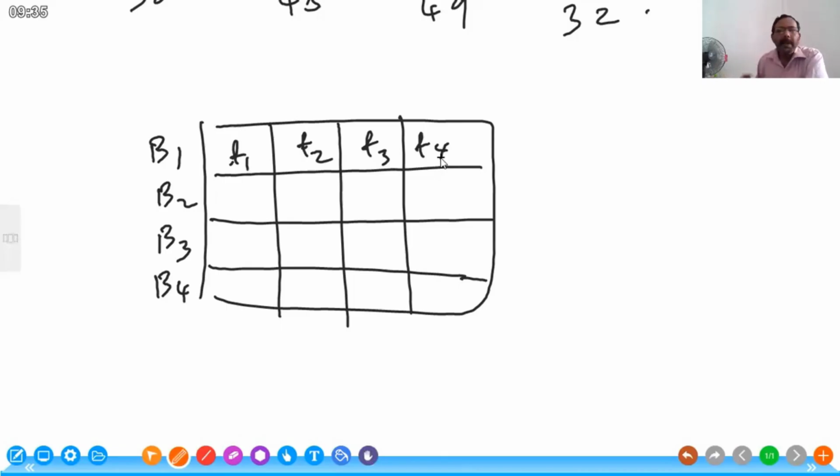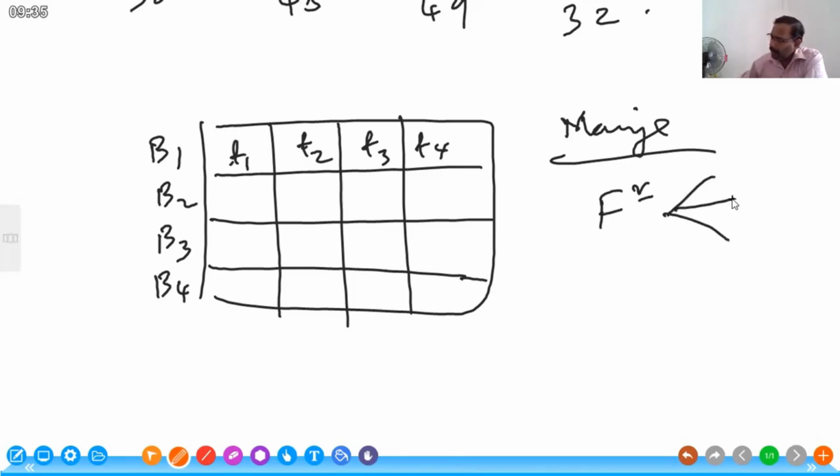Let's say maize variety, maize with let's say 4 fertilizer treatments, T1, T2, T3, and T4. Now, what is happening? Suddenly, overnight, can you remember very recently some damage made by some people to maize? What is that?